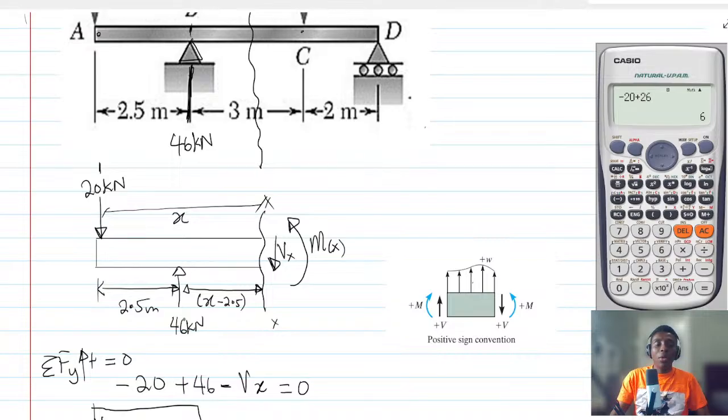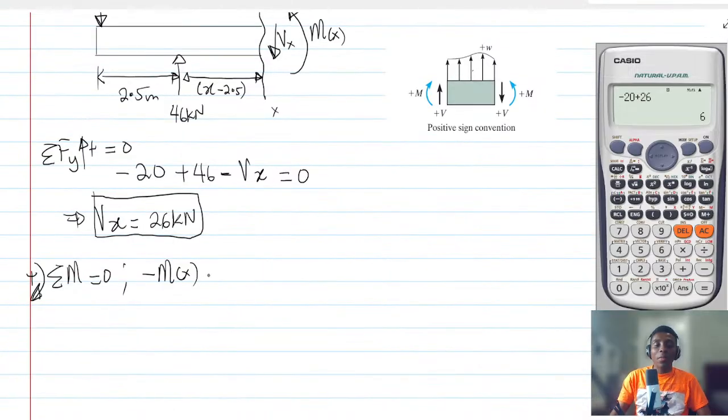and then we have 46, and the moment arm is X minus 2.5. It's clockwise actually, so 46 multiplied by X minus 2.5.